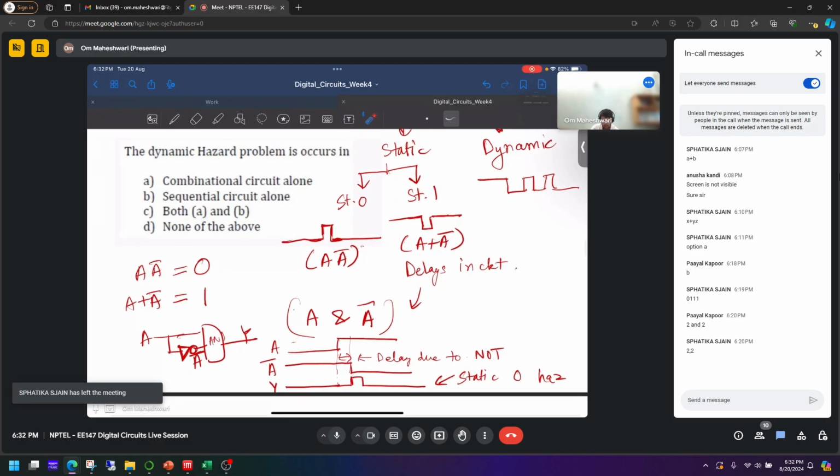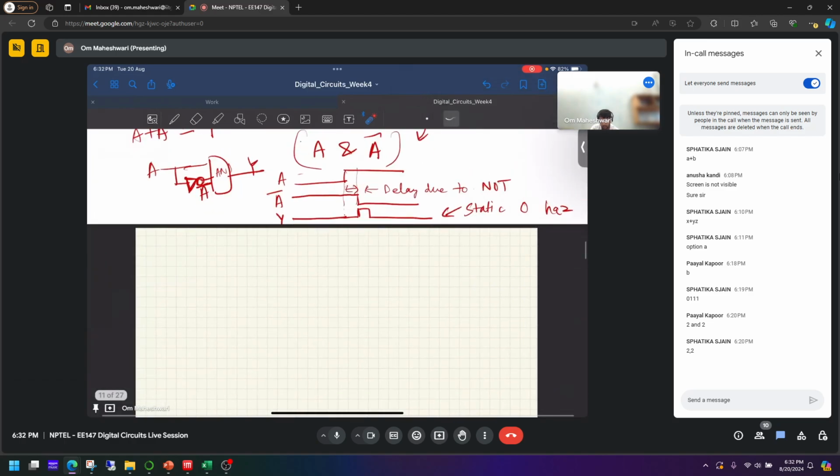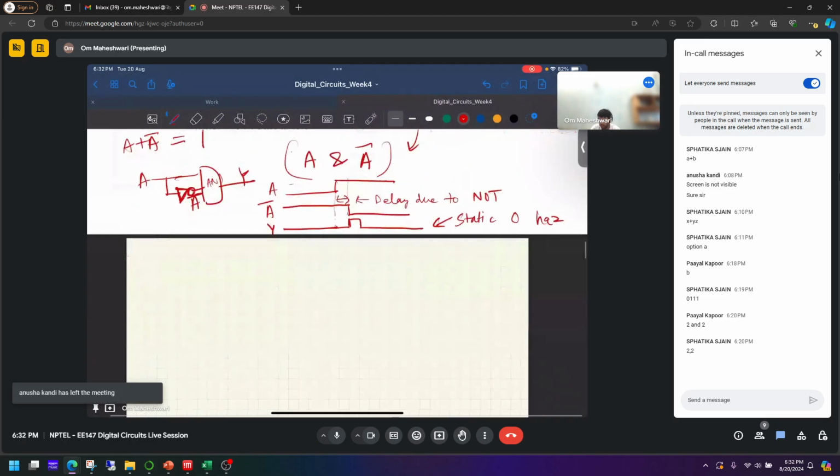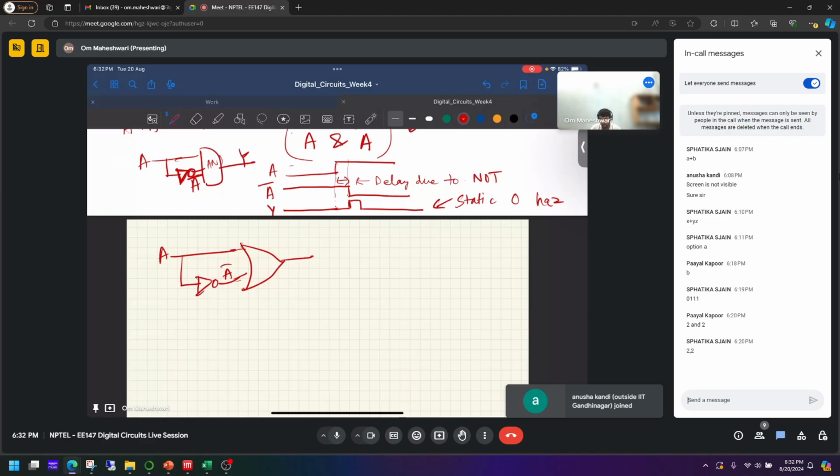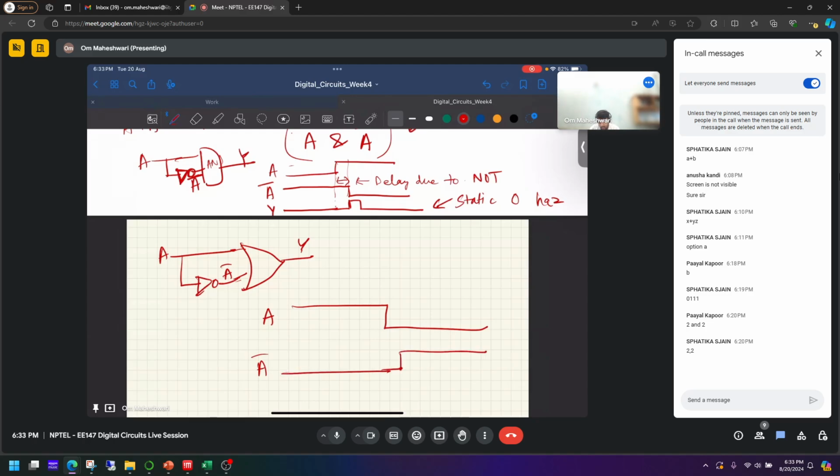Similarly, in the case of static 1, this is A, we have a NOT gate, this is an OR gate, A bar, right? So let's say your A goes from 1 to 0, A bar goes from 0 to 1 with some delay of the NOT gate again.